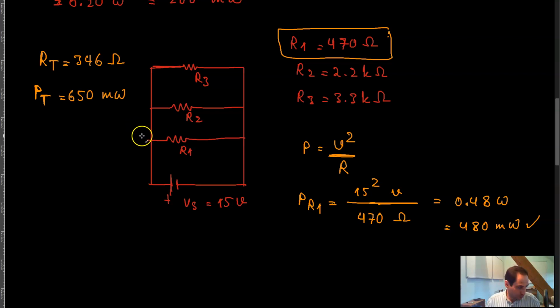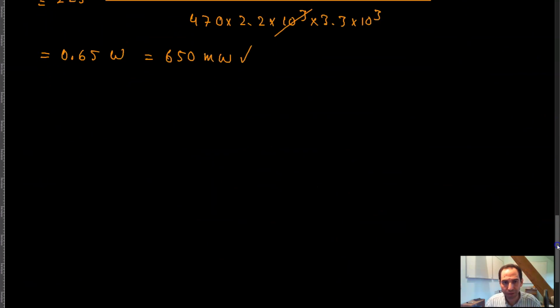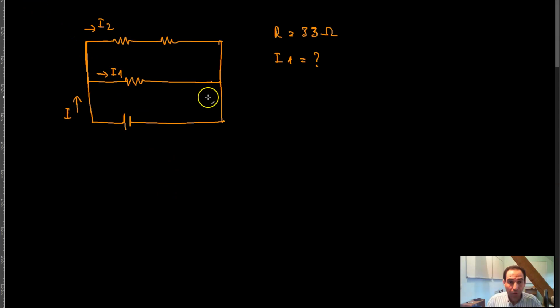Now let's do another question related to these DC circuits. Let me read the question myself. Okay, so there is a circuit over here where you have a 24 volt supply, and each of these resistors is 33 ohm. And so you want to calculate this I1 over here.